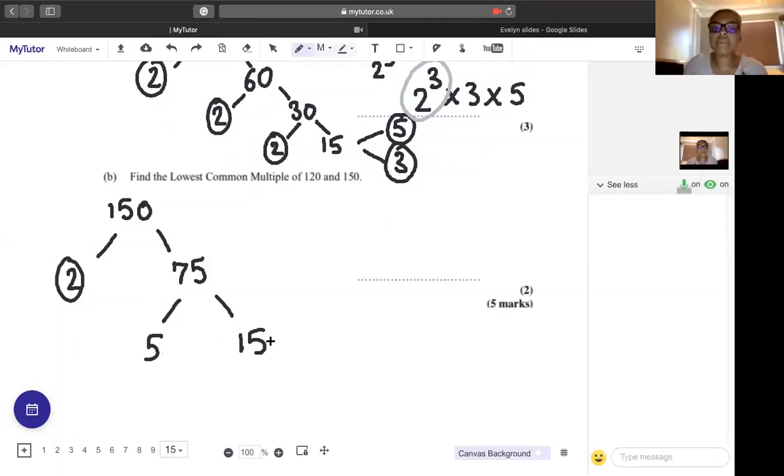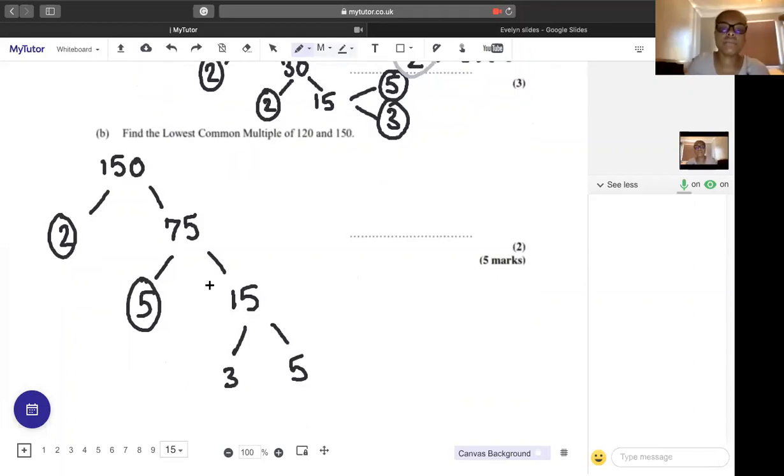And we've got 5 times 15 would give us 75, and we circle the 5. And here we have 3 times 5 for 15, like what we did previously. So 150 written as a product of its primes would be 2 times 3 times 5 times 5.